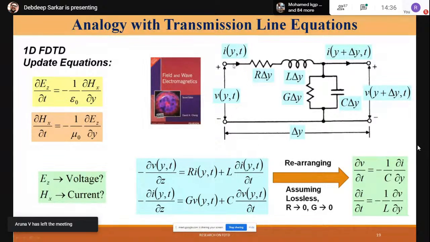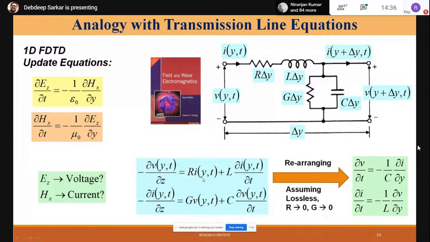If you just brush up, this is the unit cell for the transmission line, and you have the current and the voltage waves in a distributed circuit. We know the general telegrapher's equation, with the variation of the voltage wave along y as well as along time. I am assuming this is along the y direction; it can be along z or x, no worries about that.